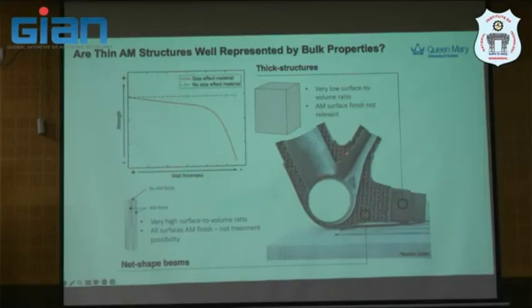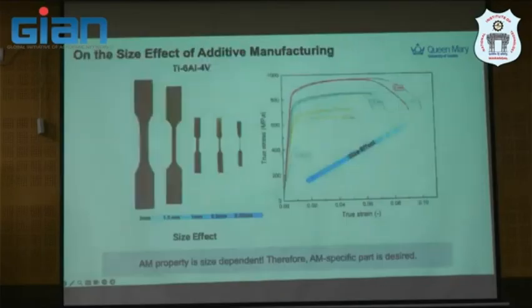Again, you get a very low surface-to-volume ratio and surface finish. In this case, we assume it is not relevant at this stage. So we characterize in terms of the size effect. This data is size 4, but we also do it for particular applications. We didn't show it here, but you will see that with smaller sizes you get very low strength and ductility.